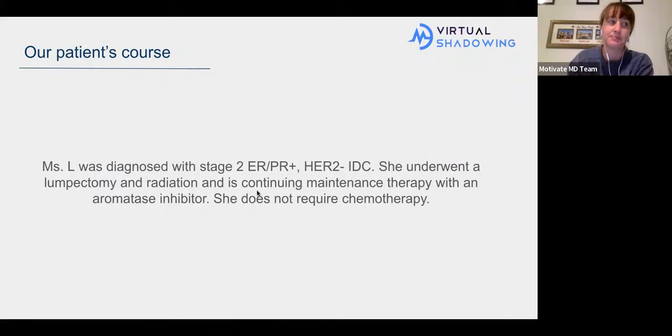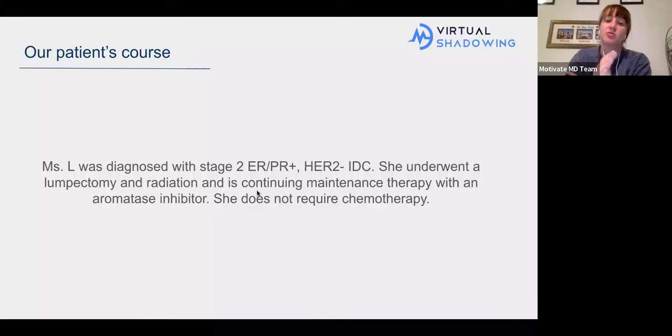And she will get serial breast exams. For the first 2 years, the breast exams alternate between usually the surgeon and the radiation oncologist, and it's every 6 months. So for the first 2 years, she'll get a clinical breast exam every 6 months. She'll get imaging. She'll continue to get her mammograms, very probably yearly.